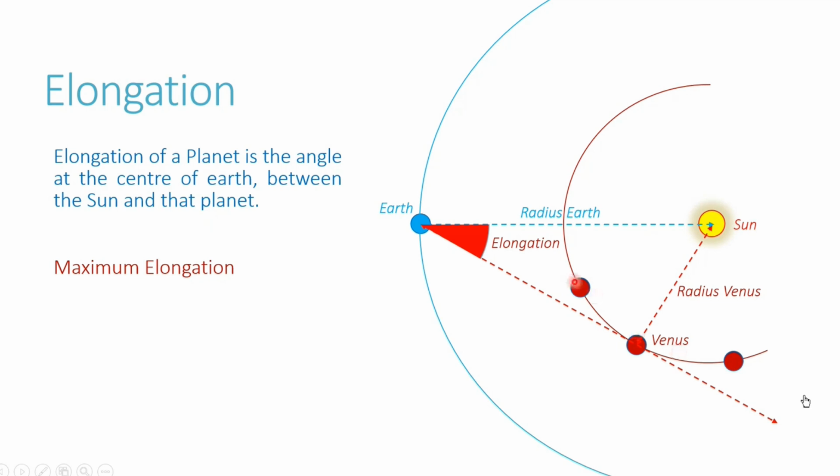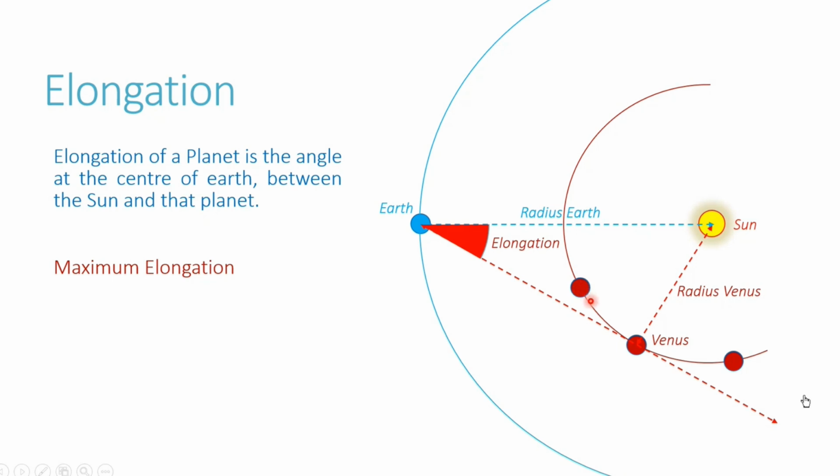Now, if you look carefully, as the planet Venus moves in its orbit, you can follow the laser pointer. At this particular point, Venus will be in conjunction with the Sun, or the elongation will be 0 degrees. Now, as it moves in its orbit, the elongation will start to increase. At this particular point, at the first location, it will have a certain elongation.